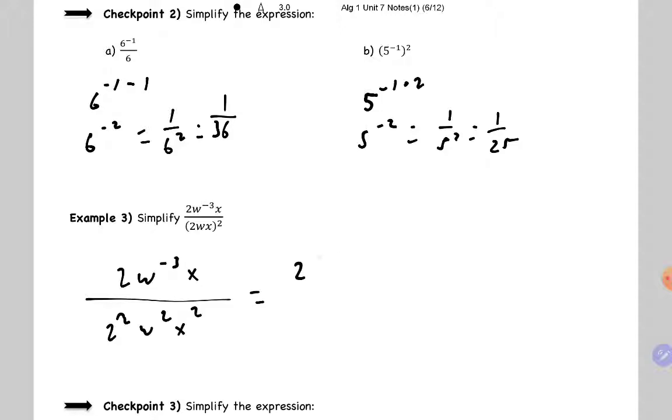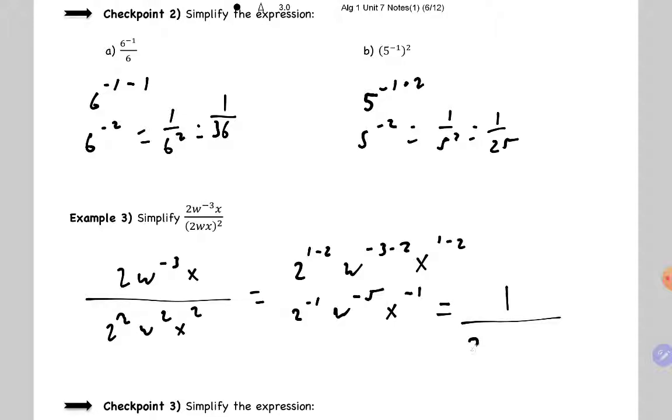So this is 2 to the 1 minus 2, w to the negative 3 minus 2, x to the 1 minus 2. So I'll have 2 to the negative 1, w to the negative 5, and x to the negative 1. All these negatives will go all the way to the bottom. So we have 2 to the first, w to the fifth, and x to the first on the bottom.